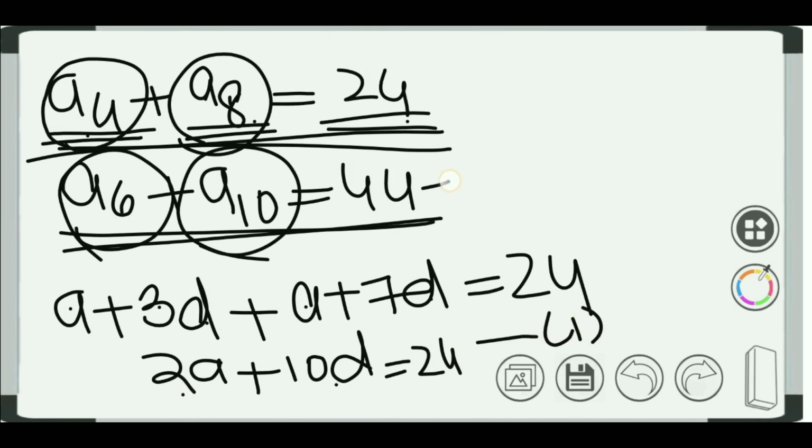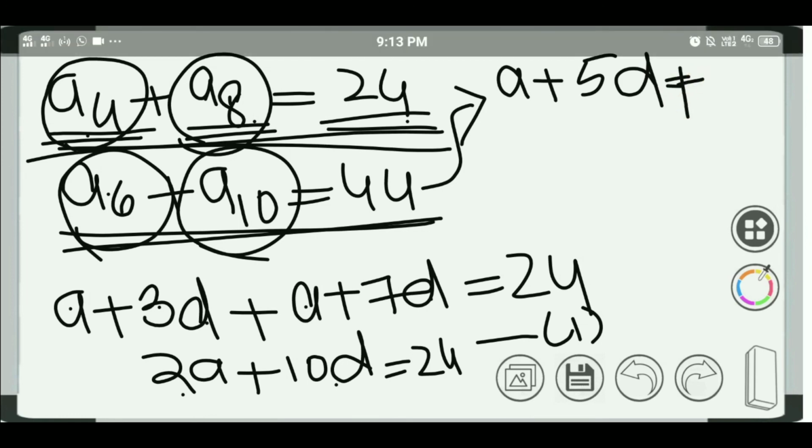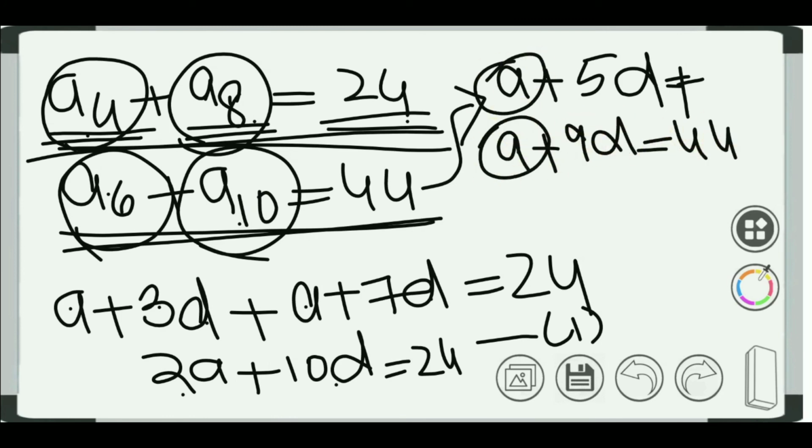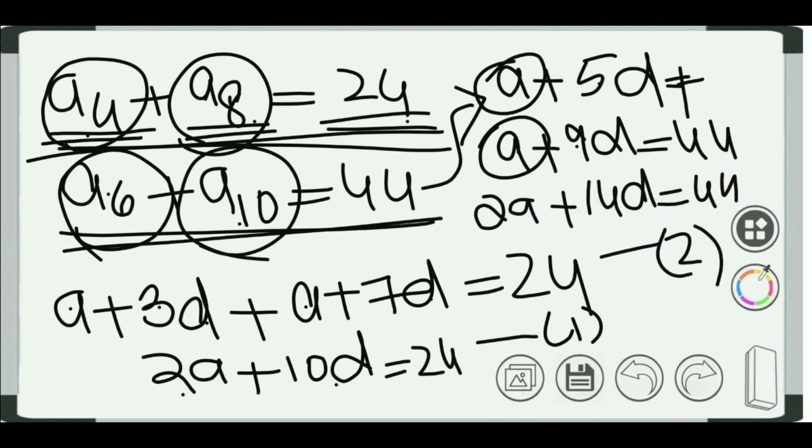The same way you can do the second one. A6 means A plus (6 minus 1) into D, A plus 5D, plus A10, A plus (10 minus 1) into D, A plus 9D, equal to 44. A plus A, 2A. 9 plus 5, 14D, equal to 44. This is your second equation. You got two equations.